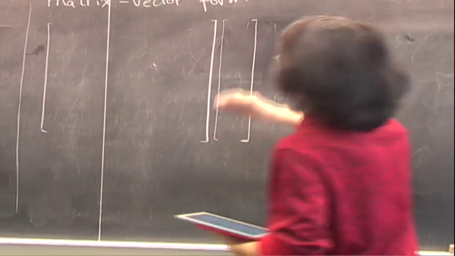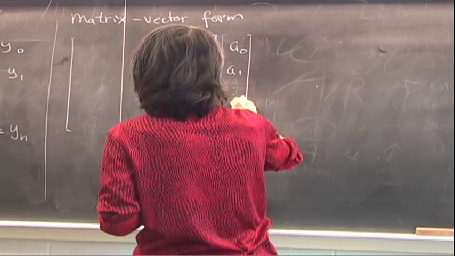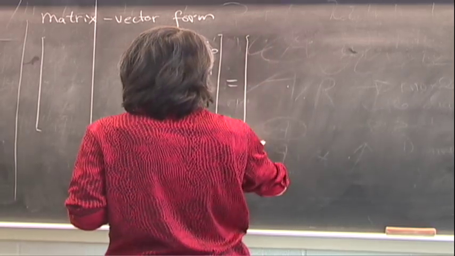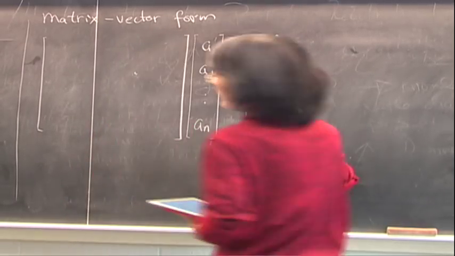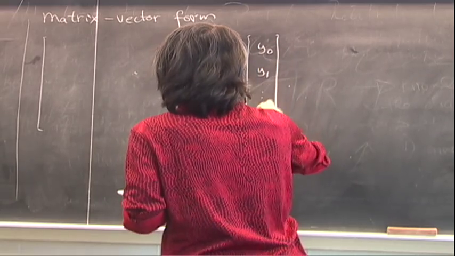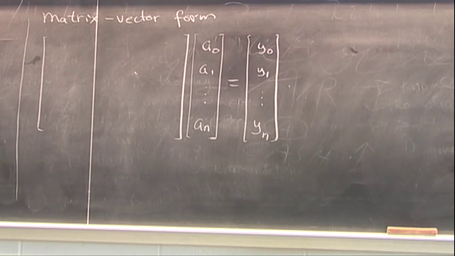What is my unknown vector? These a's, so a0, a1, dot, dot, dot, an. And I have a load vector on the right-hand side. That will be my y0, y1, to yn. Is that right? So what do I do with the coefficient matrix? How should I fill it up?